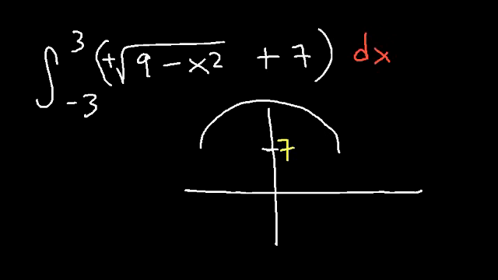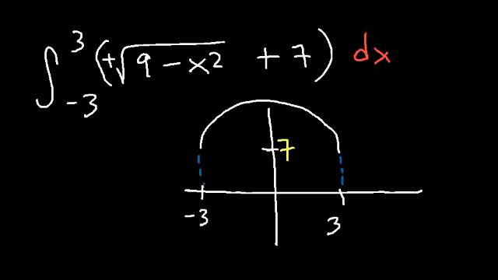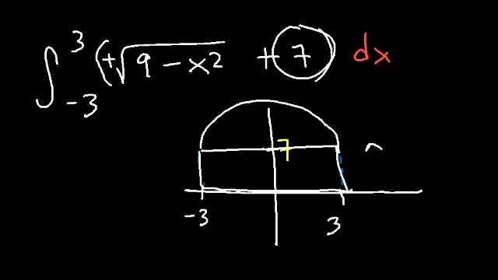So what we need to do is find the area of the shaded region, which is everything between the curve and the x-axis. So we need to split it into a rectangle and a semicircle. So this portion is a rectangle. As you can see, it has a height of 7 and the length of 6.